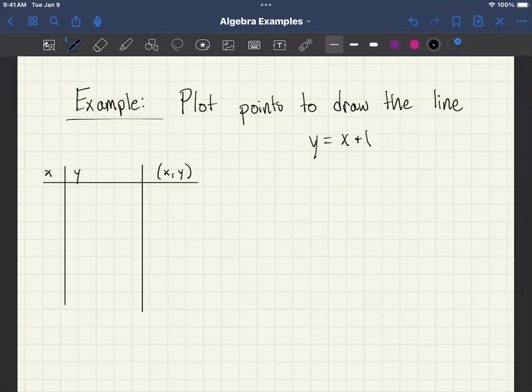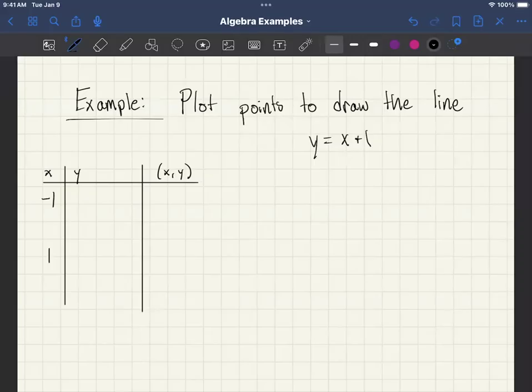When we're putting numbers in for our x to plot points, we always want to use easy numbers. A lot of times integers, usually numbers like 0, 1, 2, -1 even, something that's nice and straightforward. Let's use -1 and +1 for our x values.